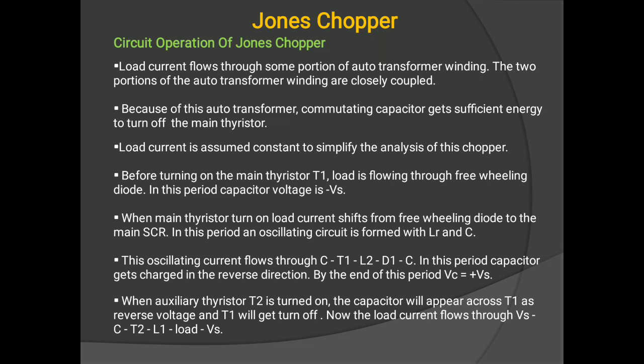That is, plate B is positive and plate A is negative. Diode D1 prevents further oscillation of the resonating L2C circuit. Hence, the capacitor retains its charge until thyristor T2 is triggered.